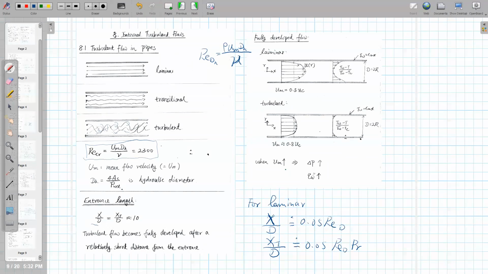This is from the engineering standpoint, the empirical correlation that people use: if the length from the entrance is already larger than 10 times the diameter of this circular pipe, we consider that the turbulent flow is already fully developed.